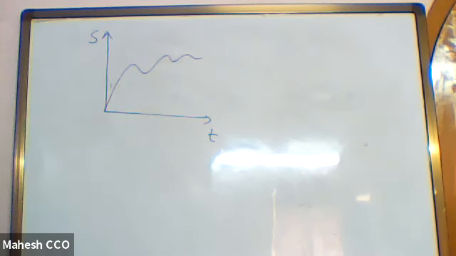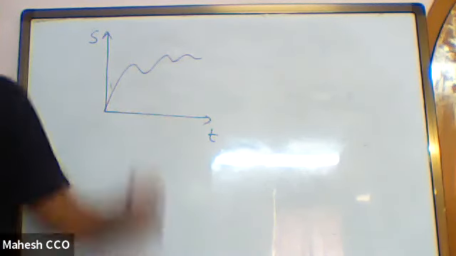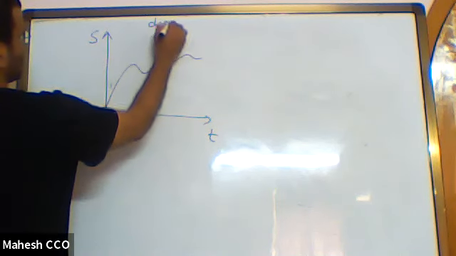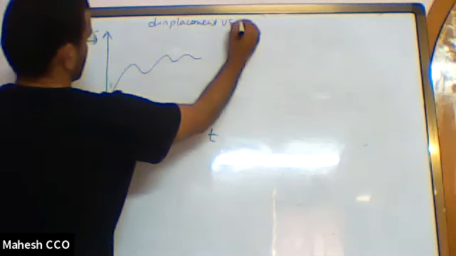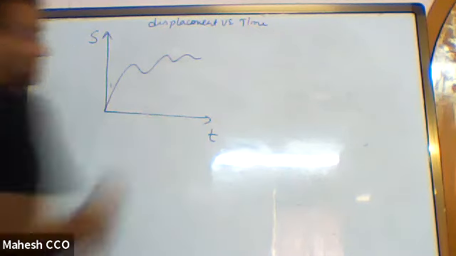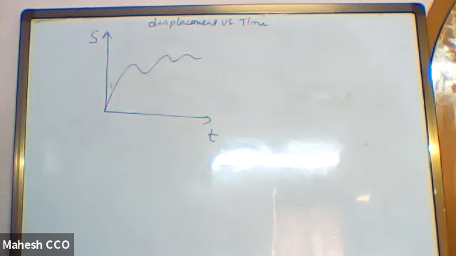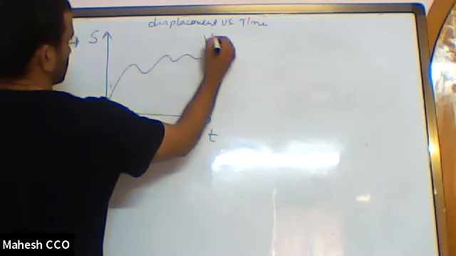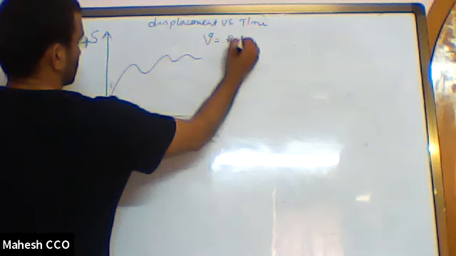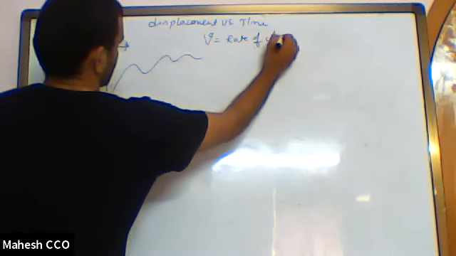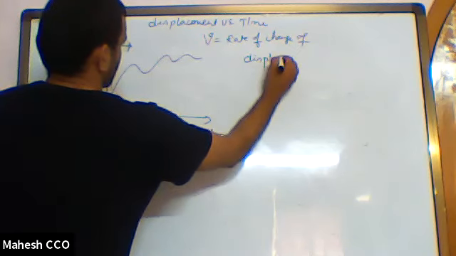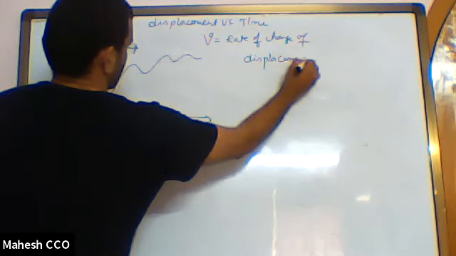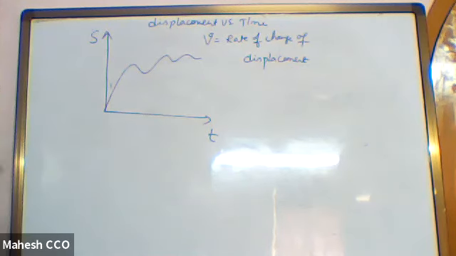Now, if a displacement versus time graph is given, how do you find velocity? Velocity is the rate of change of displacement and it is ds bar by dt.